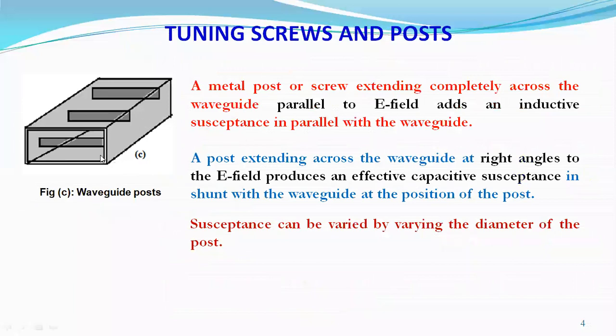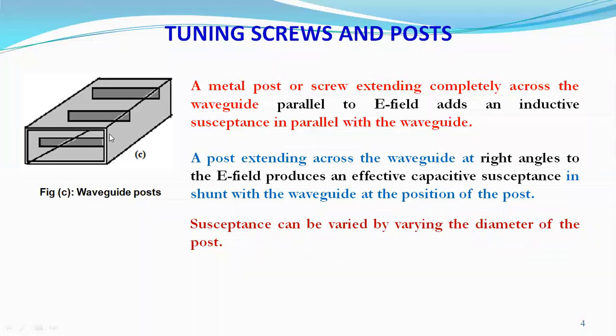In the waveguide, now see this diagram. It is parallel to the electric field, and so, the perpendicular electric field lines will create the capacitance effect. So this structure is for the capacitance effect. If it is on the side walls, you can put these plates, which will give the inductance effect.